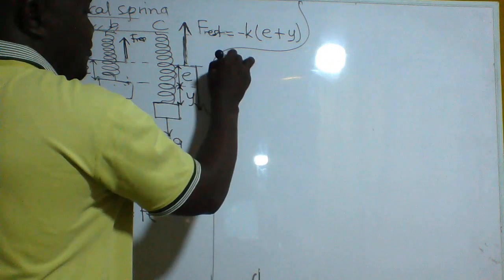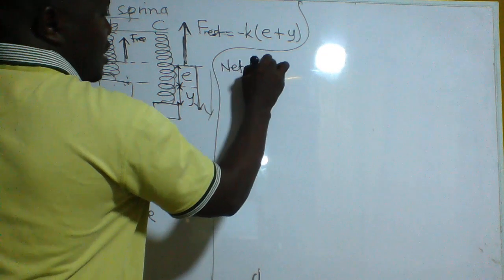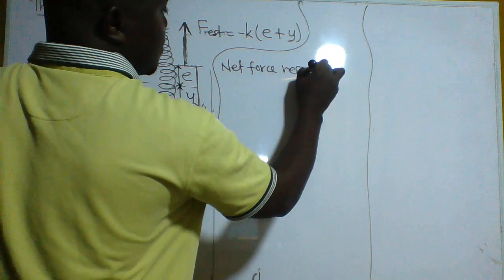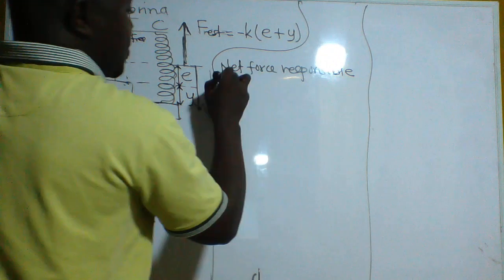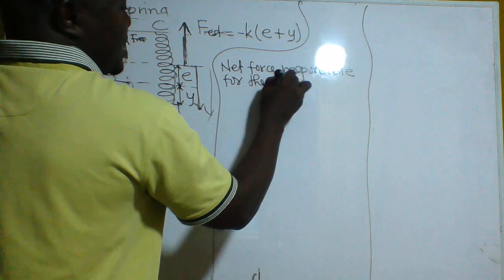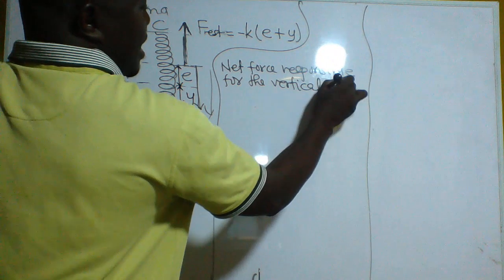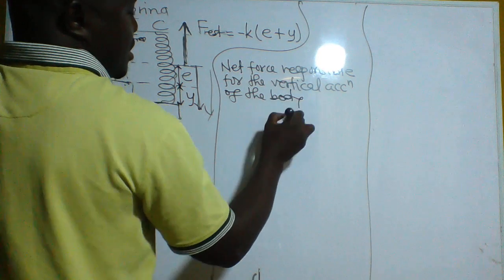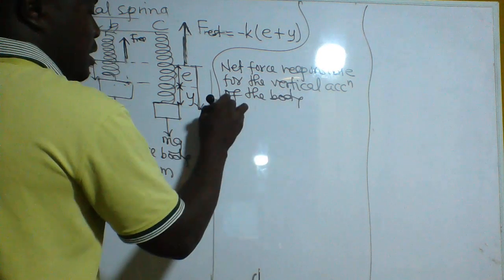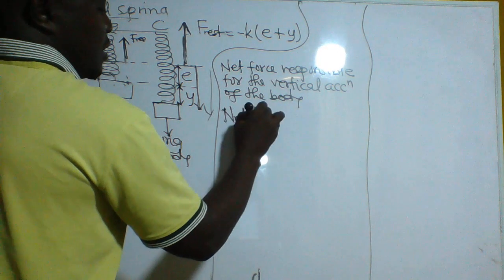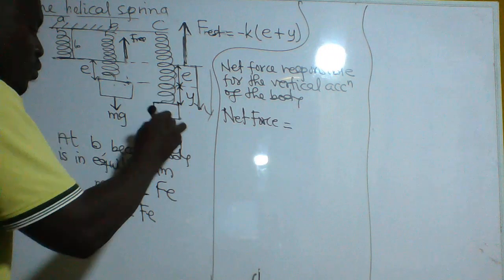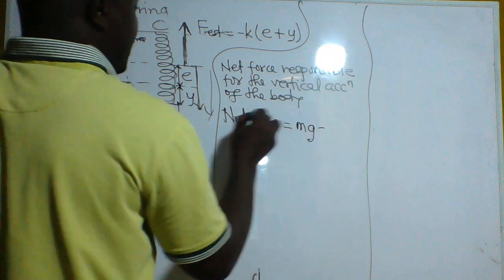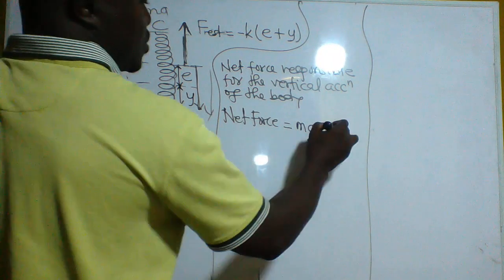So that net force responsible for the vertical acceleration of the body will be equal to the downward weight of the object, mg, minus the restoring force.